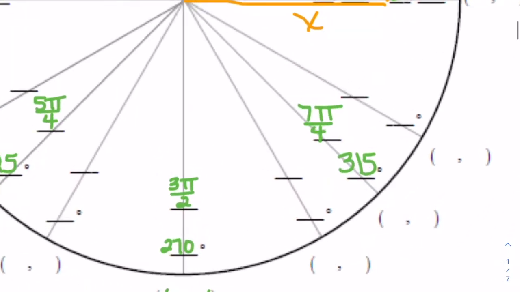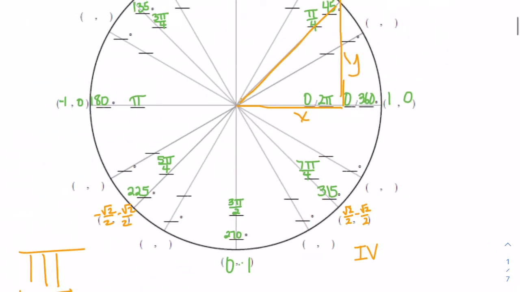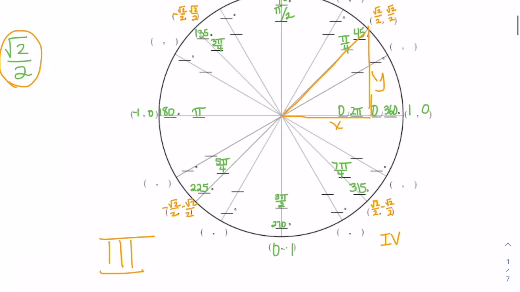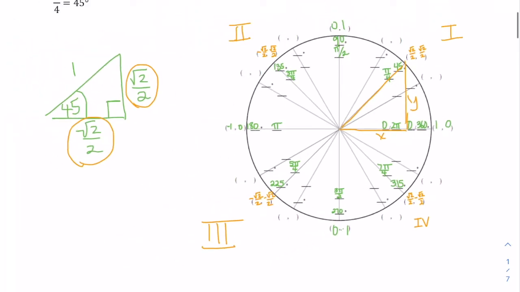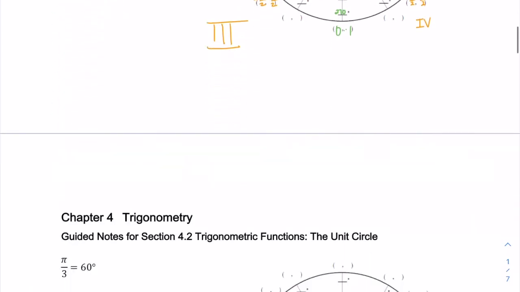And then we'll go to the fourth quadrant where only the y value is negative. So this is root 2 over 2 and negative root 2 over 2. So we can see this 45, 45, 90 triangle repeat itself all throughout the unit circle. All right, let's go to another one.